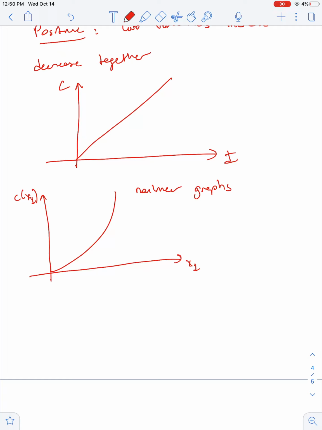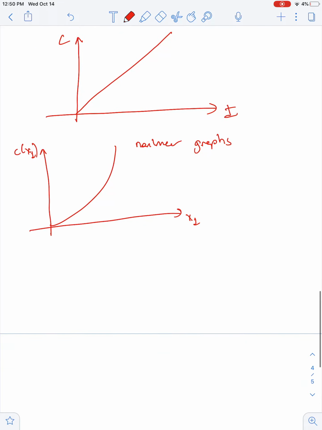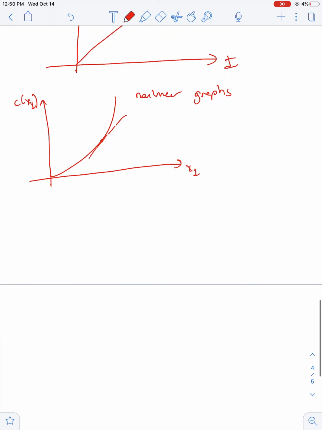How do you find the slope of a nonlinear curve? You take a particular point, you draw a tangent at that point, and you find the slope of that tangent line.